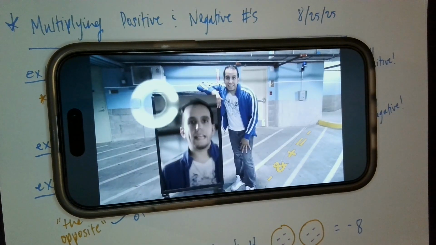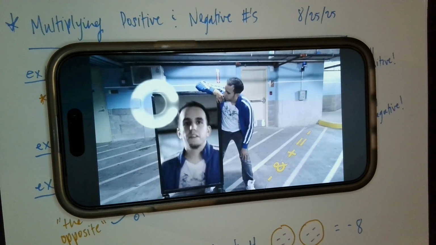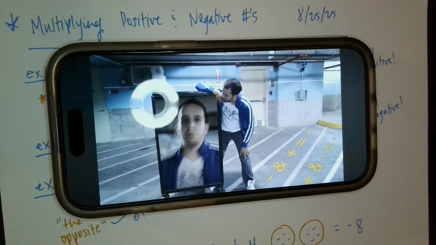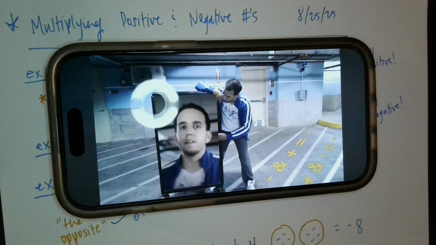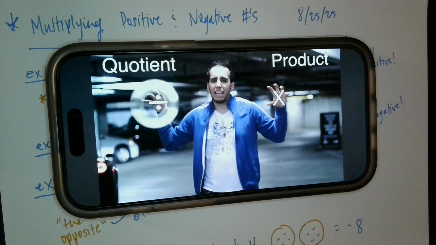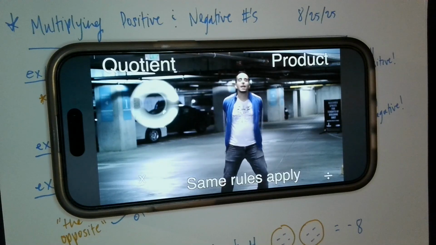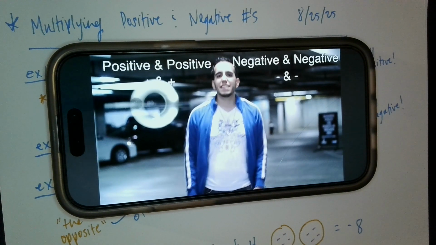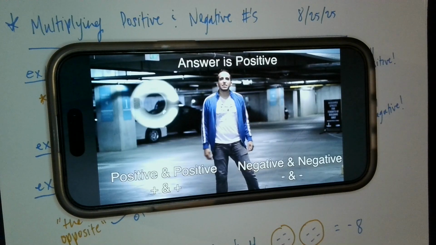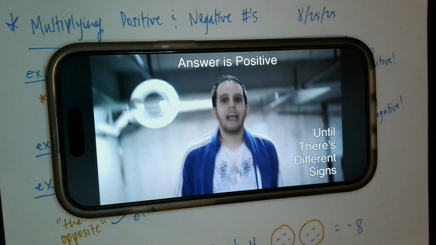What's the rule for a negative and positive equals negative, positive and negative equals negative. Quotient product sign, same rules apply. positive and positive, negative and negative. Answers positive till there's different signs.